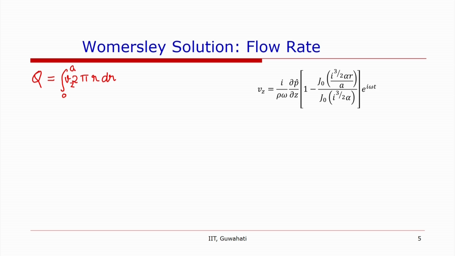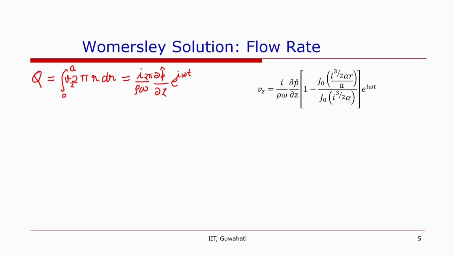So if we substitute that velocity profile, then we will require to integrate it. The terms which are independent of r can come out of the integral sign. So we will have i over rho omega del p cap over del z, and the exponential time dependence e to the power i omega t, plus we also have 2 pi here.